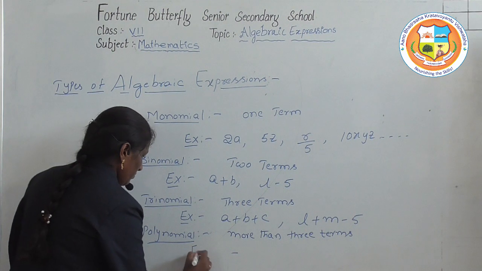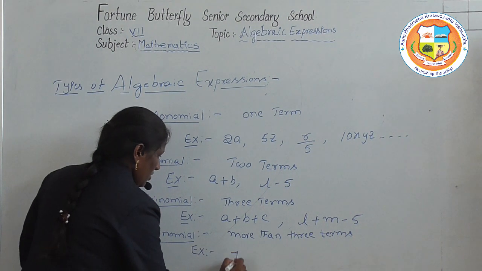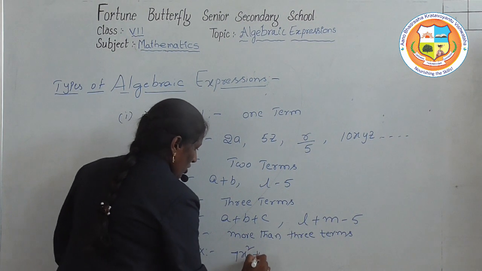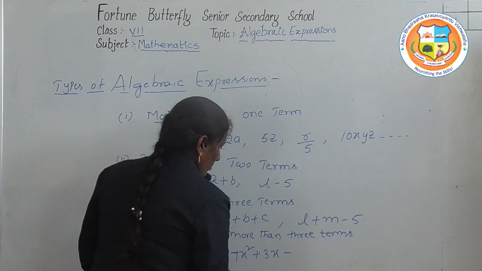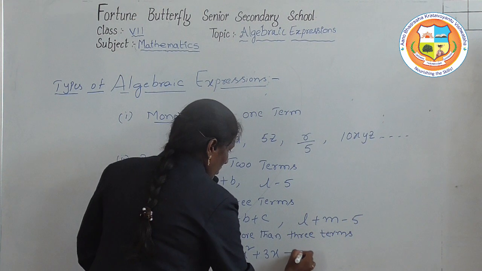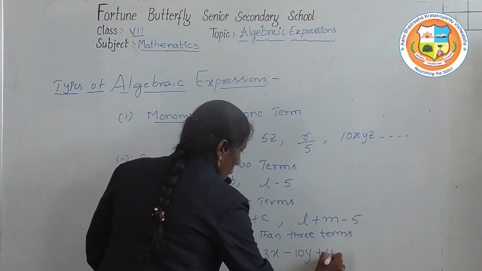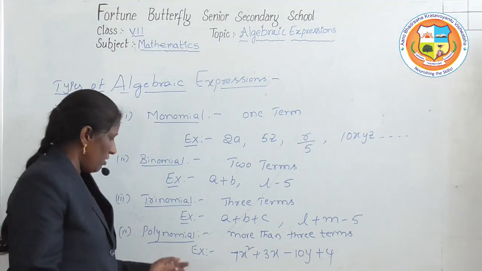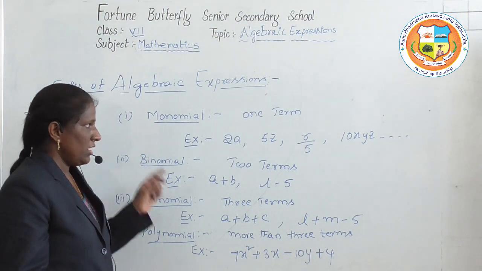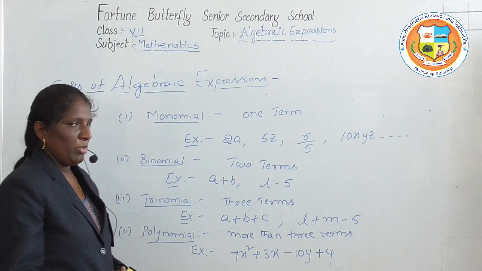For example, 7x square plus 3x minus 10y plus 4. More than three terms is called a polynomial. This is the types of algebraic expression.